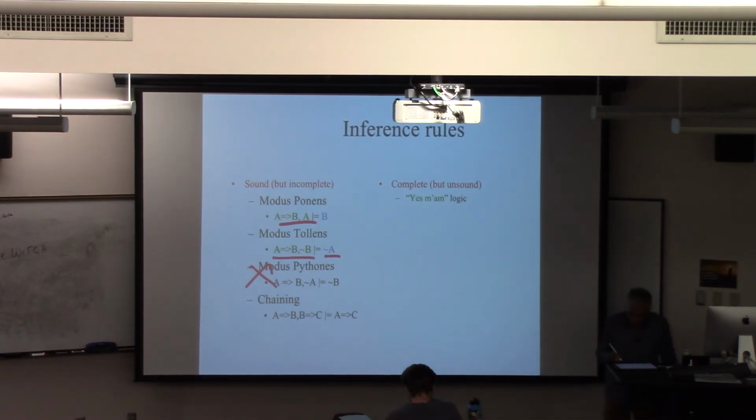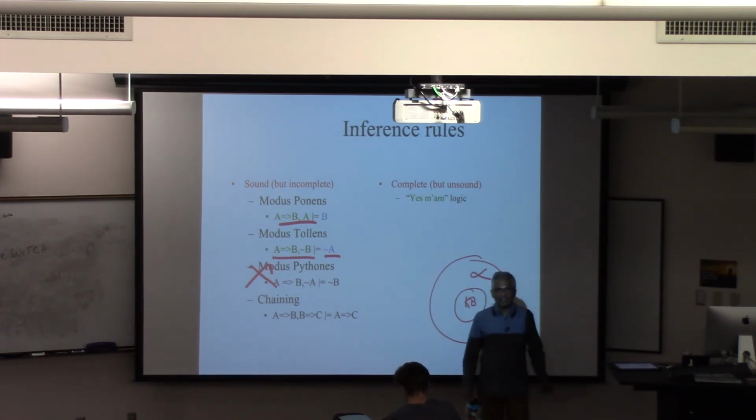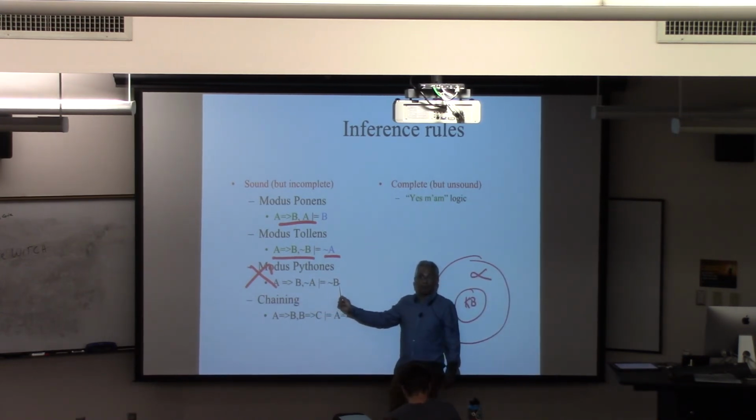Remember when we say a knowledge base entails alpha, you are only saying that in all the places where the knowledge base is true, alpha is true also. So it could be true in some other places too. And that's the reason why A implies B, and not A, does not give you not B.